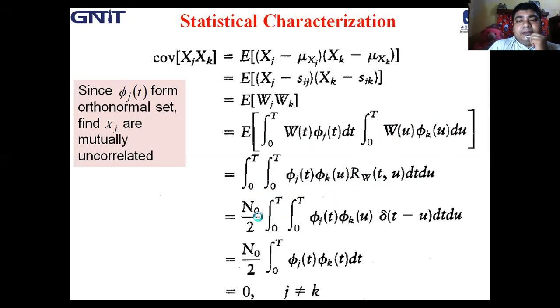So it is N0 by 2 times the double integration from 0 to T of phi j(t) phi k(u) delta(t minus u) dt du, which is N0 by 2 times the integral from 0 to T of phi j(t) phi k(t) dt. So it is 0 if j is not equal to k.